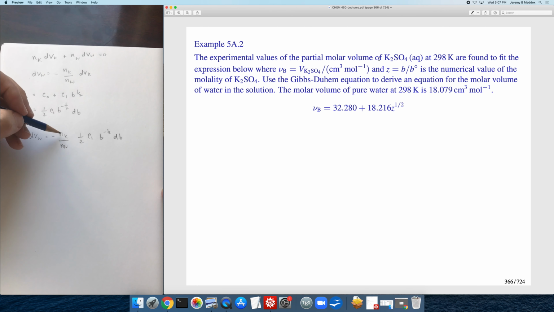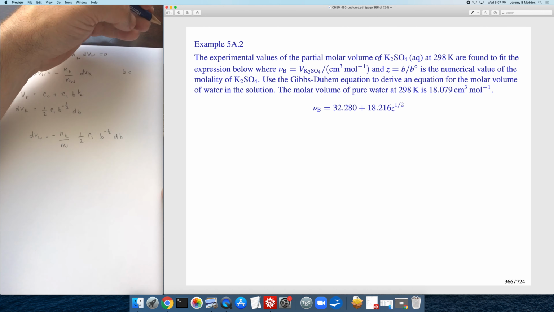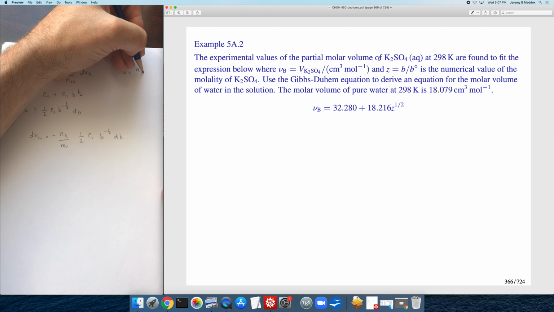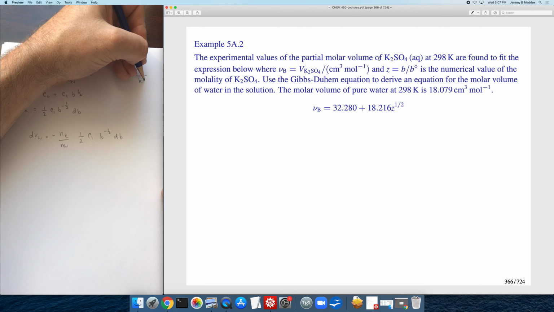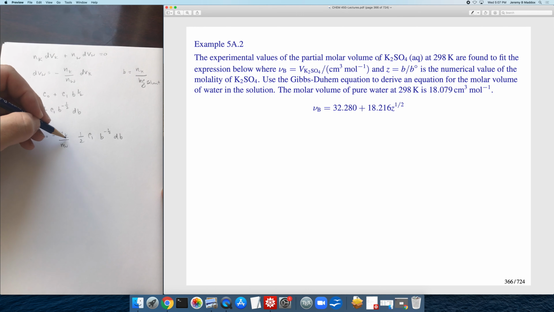What would be the molality of the solute? Well, it's going to be the number of moles of the solute divided by the kilograms of the solvent. And so we've got moles of solute in the numerator, and then we've got moles of water in the denominator. Well, we can convert moles to kilograms.